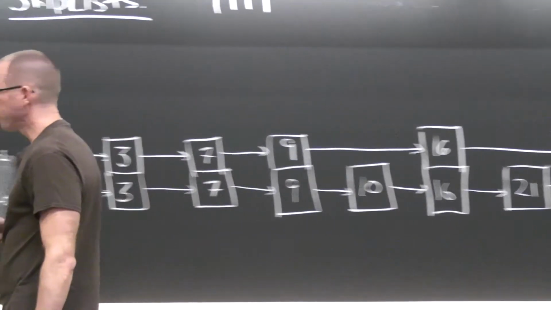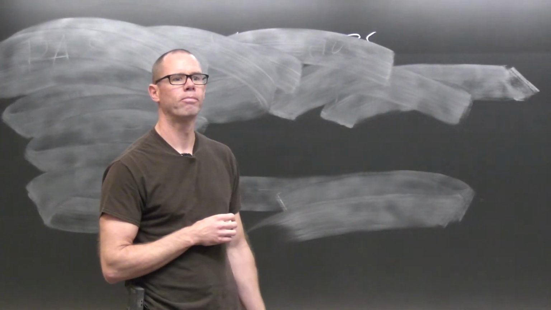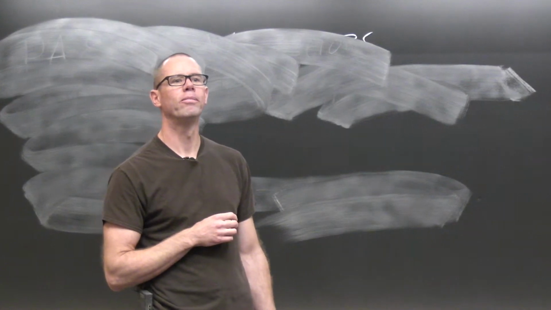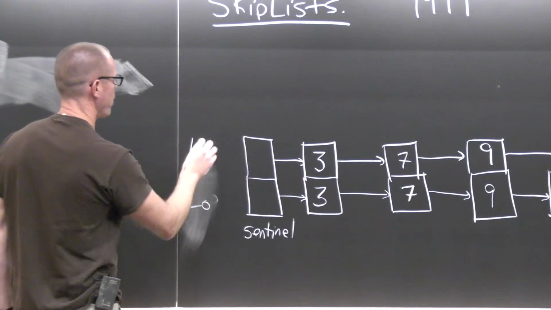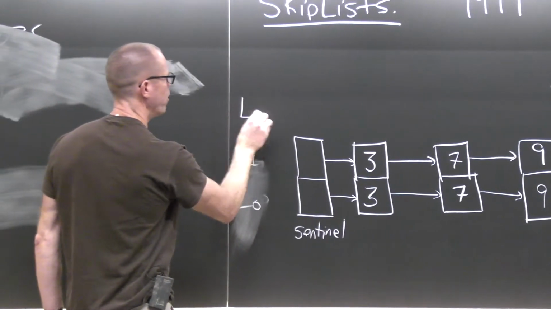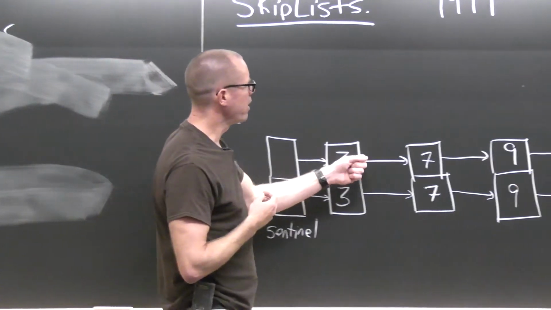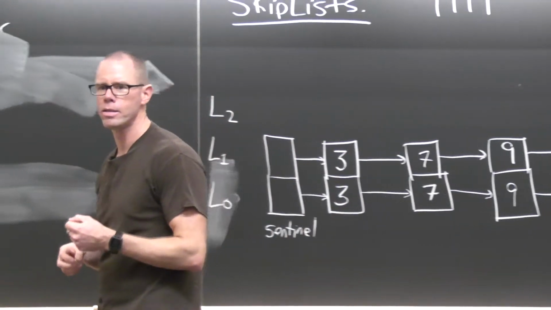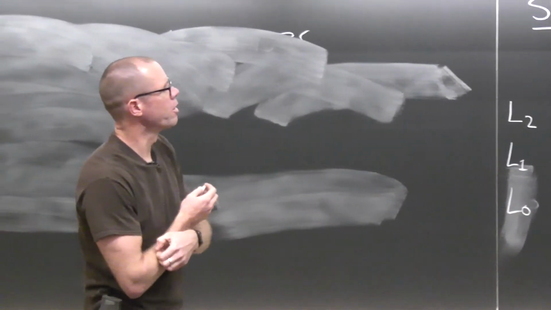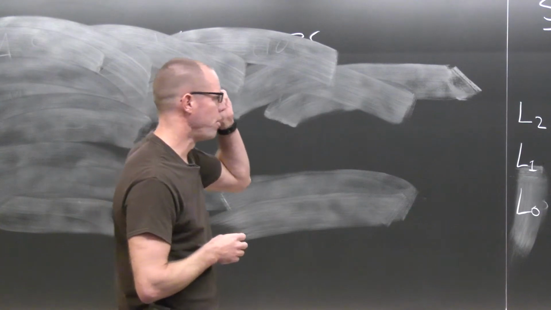All right. What do you think we do next? Yeah. From L1, we're going to make a list L2, by tossing a coin for each element in L1 to see if it makes it up into L2. If it comes up heads, then it will be in L2. If it comes up tails, then it stops being promoted there.